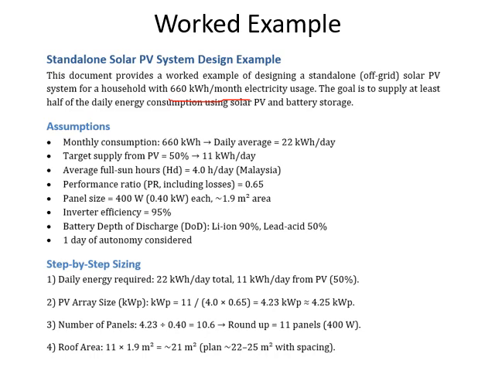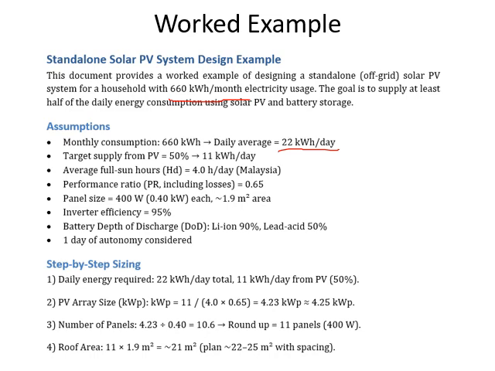Now if I want to supply this whole 660 kilowatt hour by all the solar panels, it's actually too ambitious a design. So I just used half of this. So 660 kilowatt hour, daily average will be 22 kilowatt hour per day, considering 30 days a month.